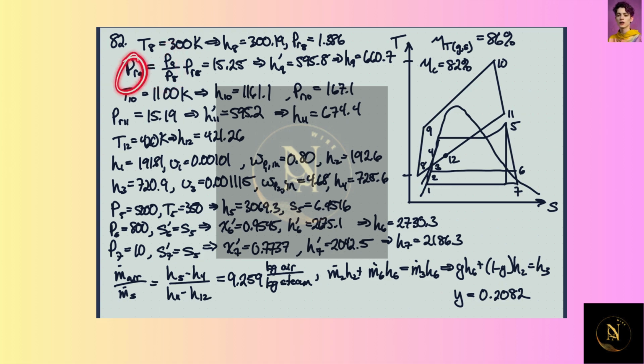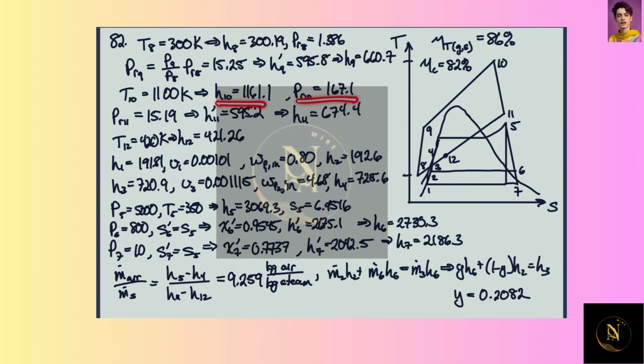So the reduced pressure at 9 is 15.25, which then gives us the isentropic enthalpy at 9. And from that and the efficiency of the compressor, we can figure out what the actual enthalpy at 9 is.